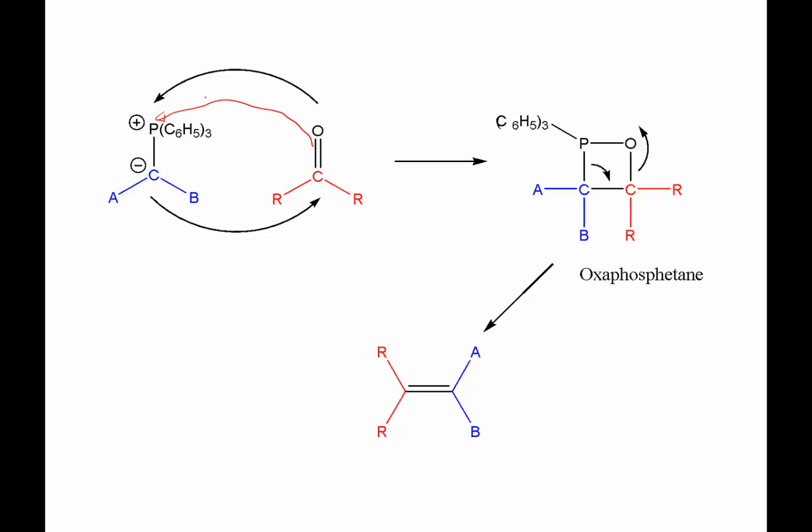That arrow isn't quite correct; it goes from the double bond. What I end up doing is forming a square, with the carbon-carbon bond formed, carbon-phosphorus, PO, and CO. This is called an oxaphosphetane, or it's also called a betaine.